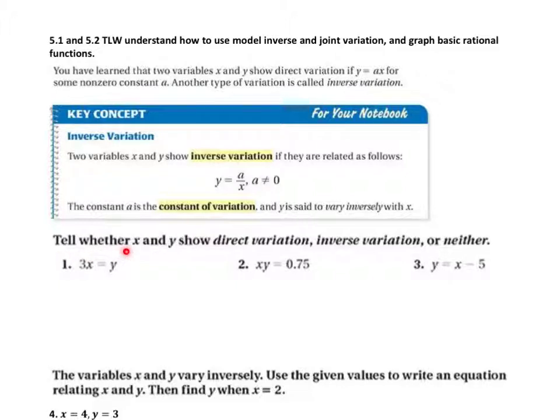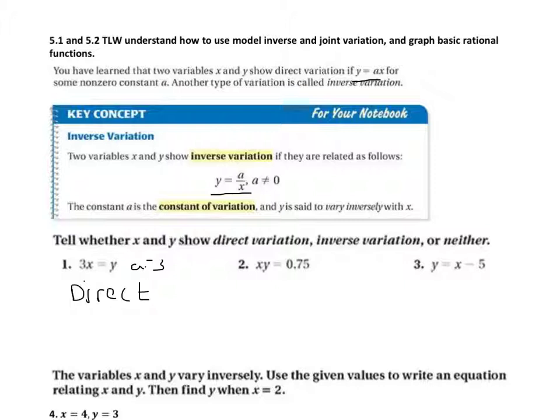So it says, tell whether x and y show direct variation, inverse, or neither. So I ask, can I write it y equals ax or a divided by x? This one looks like y equals ax because a would be 3, so this is direct. Here I have x times y equals 0.